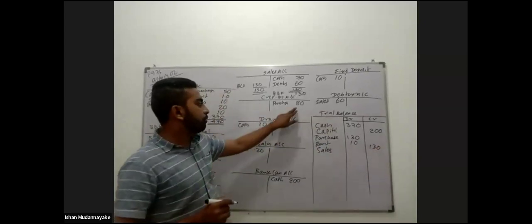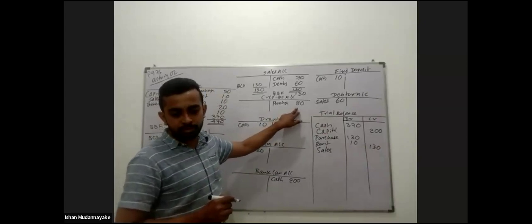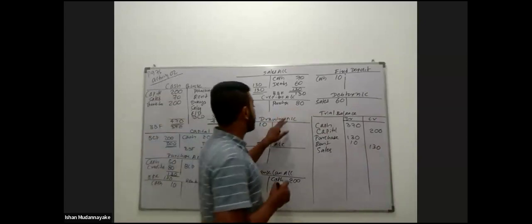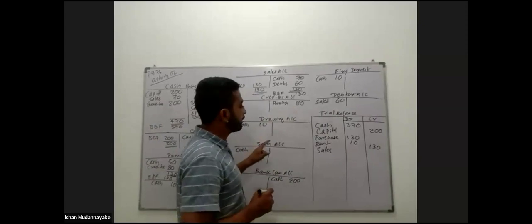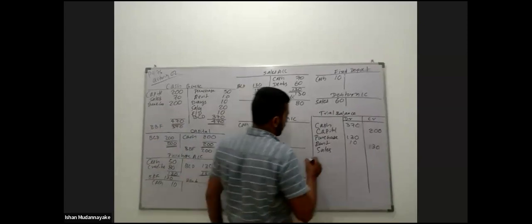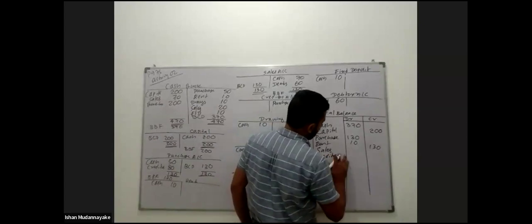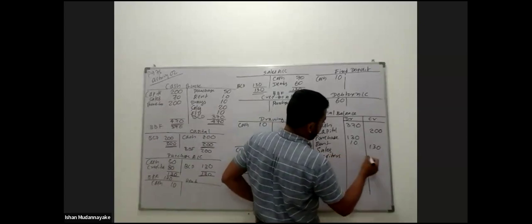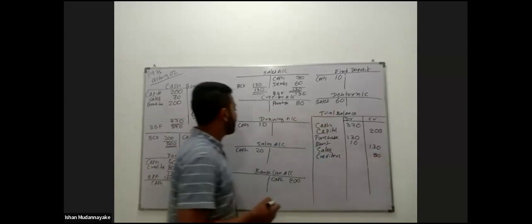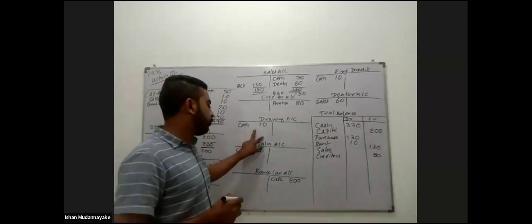Creditors account balance brought forward should be from the credit side. Sorry, not sales, creditors account. Creditors 80,000 credit side. Drawings account balance brought forward from the debit side.